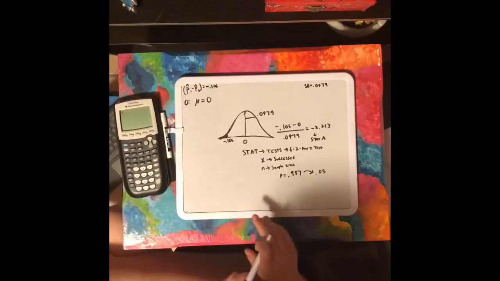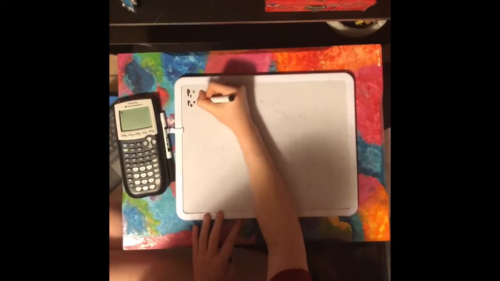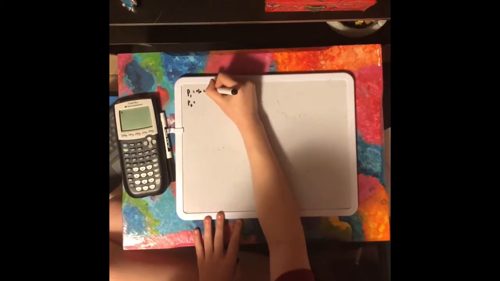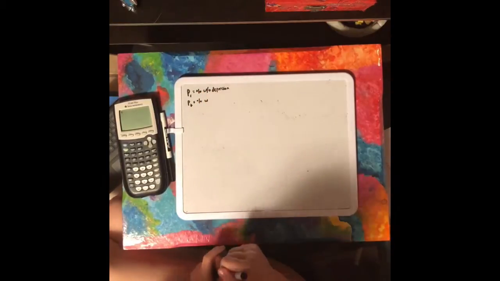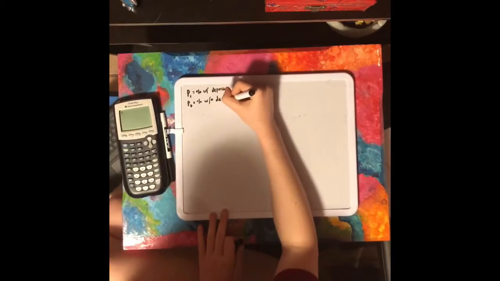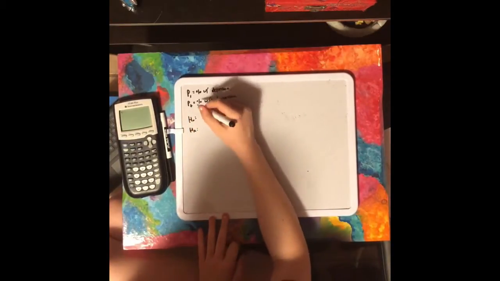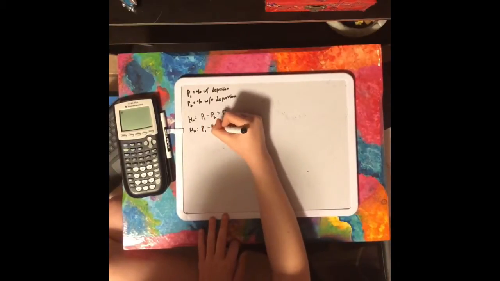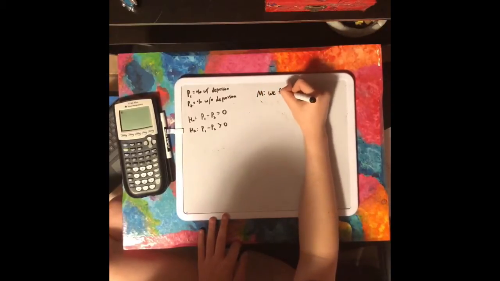To interpret this p-value, I'm going to start by rewriting out our initial populations and our hypothesis. Since our p-value was significantly higher than 0.05, we are going to claim that we fail to reject H0.